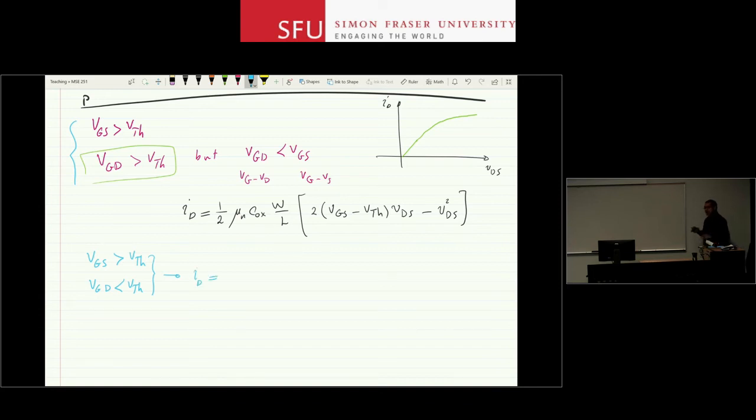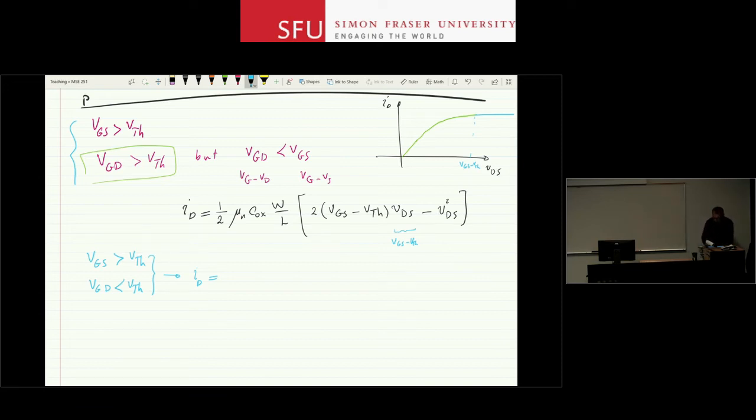So when does the pinch-off happen? When VDS is equal to VGS minus VTH, just at that threshold point. So if I put that value of VGS minus VTH in for the VDS, that's the threshold. After that point, the current didn't change, it just stayed constant, right? This is, let's say, VGS minus VTH. After that, the current doesn't change.